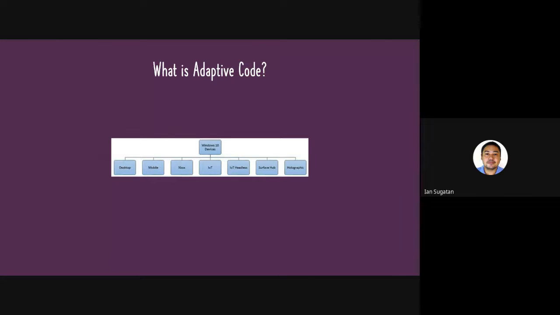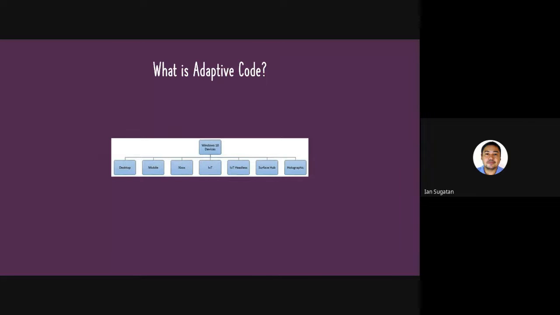So the first one is the application codes are not the same across all the devices. And number two, the APIs used particularly for Xboxes will not be available for mobile devices. So take note that for Windows 10 devices, you have your desktop applications, your mobile phone applications, the Xbox applications, the IoT headless, Surface Hub, and holographic.